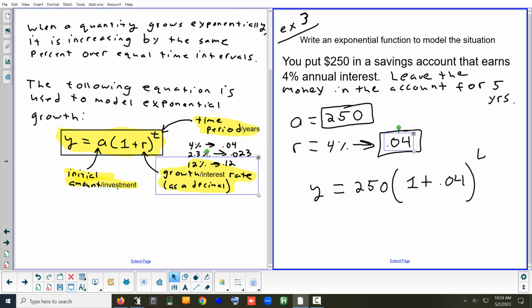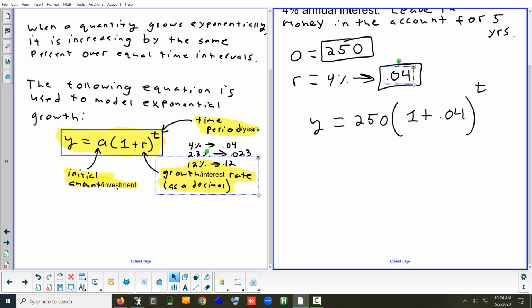And for now, just leave it as T. I know it said T is 5 years, but we'll come back to that. So Y equals 250 times, what do you get if you add 1 and 0.04? Yeah? 1.04. Yeah, exactly.